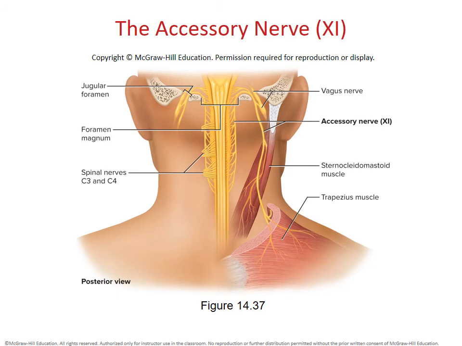All right, only two cranial nerves left. The next one is called the accessory nerve. Some people refer to it as the spinal accessory nerve. This one is interesting. This one is different from the other cranial nerves, and I would not be surprised, this is just a guess, if someday this nerve gets removed as a cranial nerve, because in reality it is more like a spinal nerve than a cranial nerve.